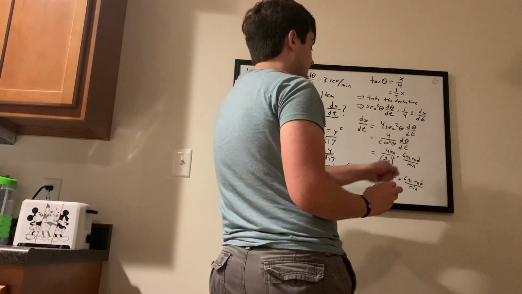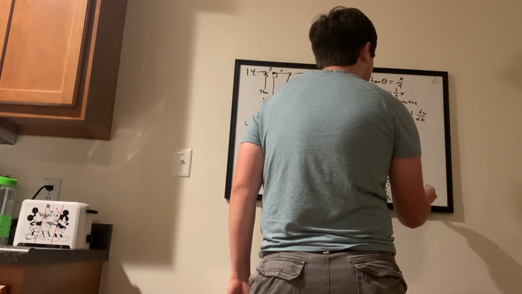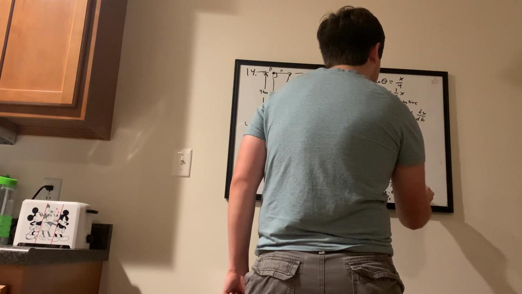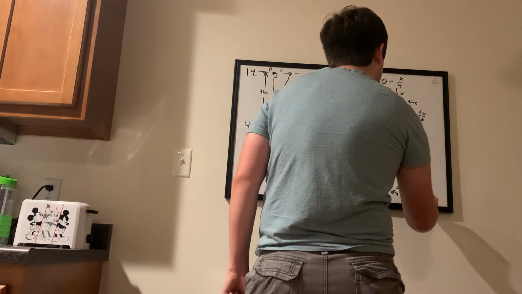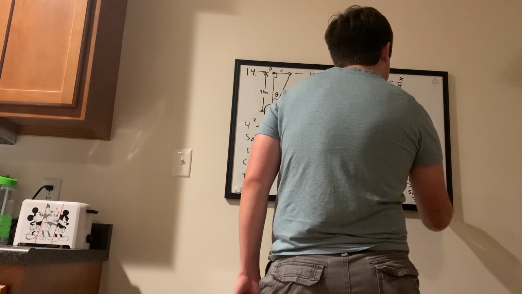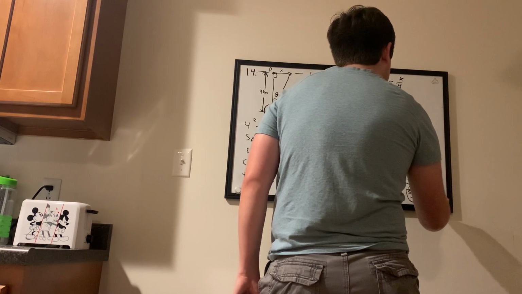So then if I do 17 times 3, and then divide that by 2, I'm left with 51 pi over 2 kilometers per minute. And this is the answer in your key.